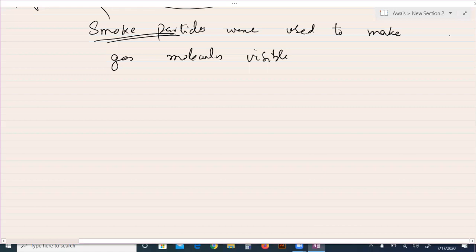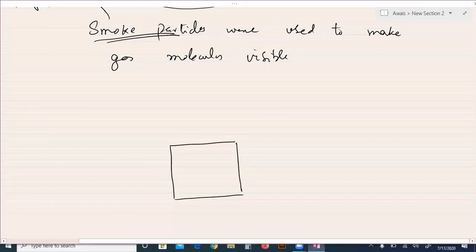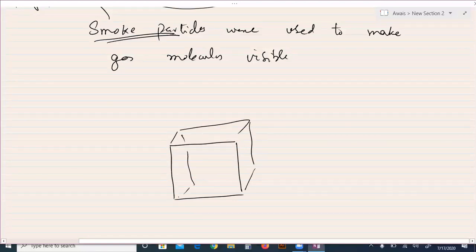Suppose this is a glass container and it contains a mixture of gas and smoke.